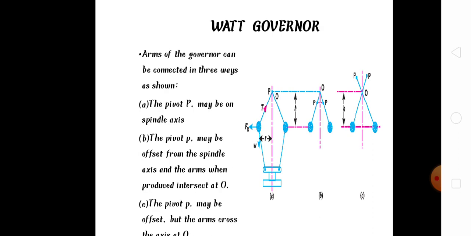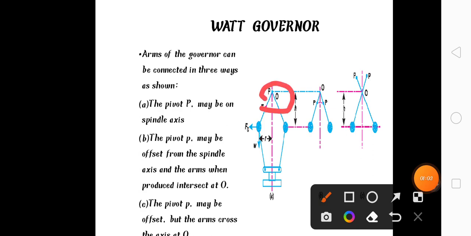In the first case, the pivot P may be on the spindle axis, that is, the pivot is considered to be on the spindle axis of the sleeve. In the second case, the pivot P may be offset from the spindle axis, and the arms, when produced, intersect at O. The pivot P is offset from the spindle axis, and the arms are further extended and intersect at point O.